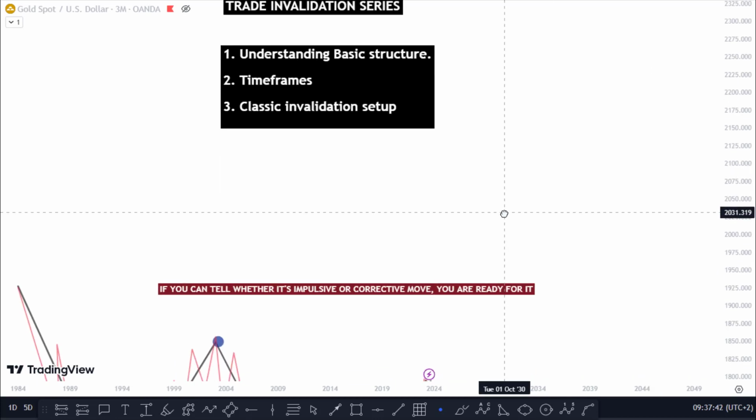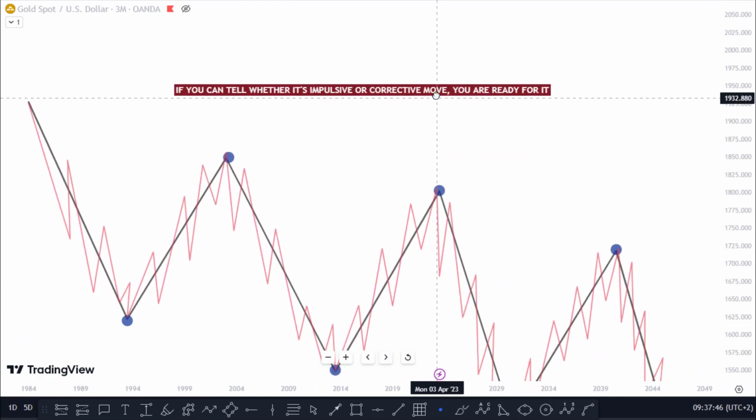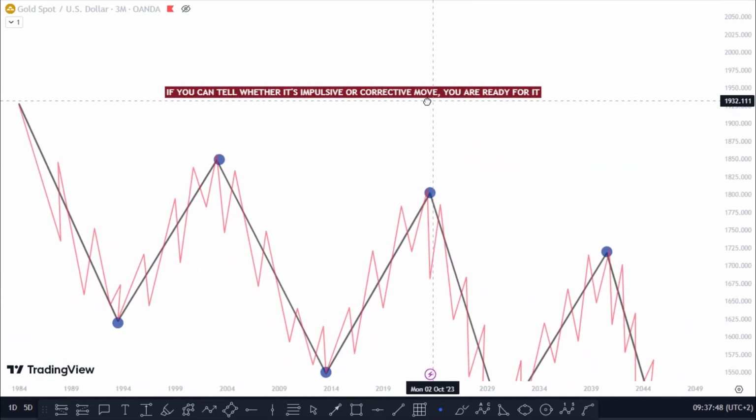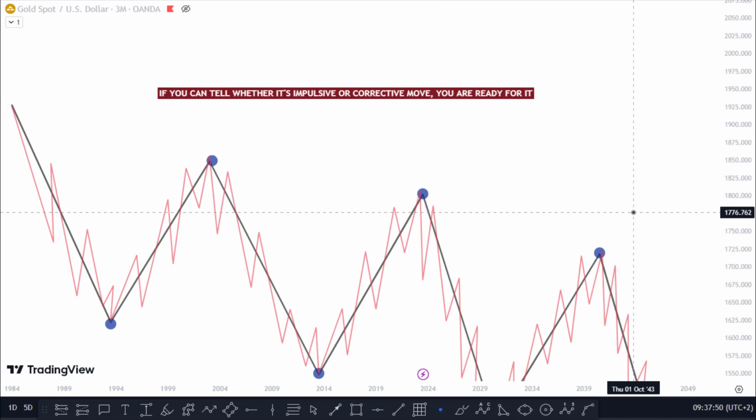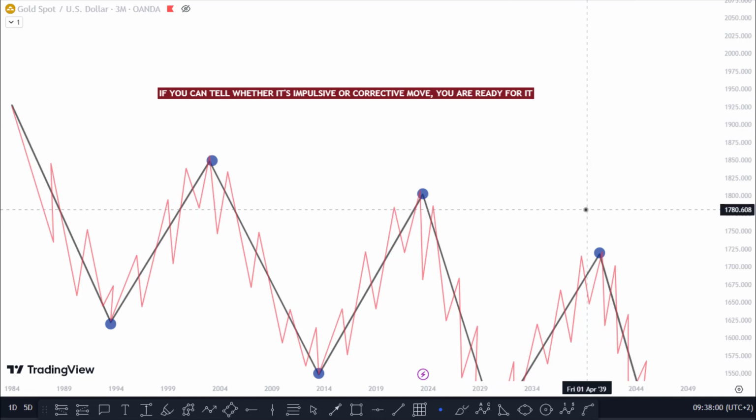Here is something that you need to understand guys. Okay guys, welcome back. This is JD. So here is a good saying, if I can say: if you can tell whether it's an impulsive or corrective move, you are ready for it.